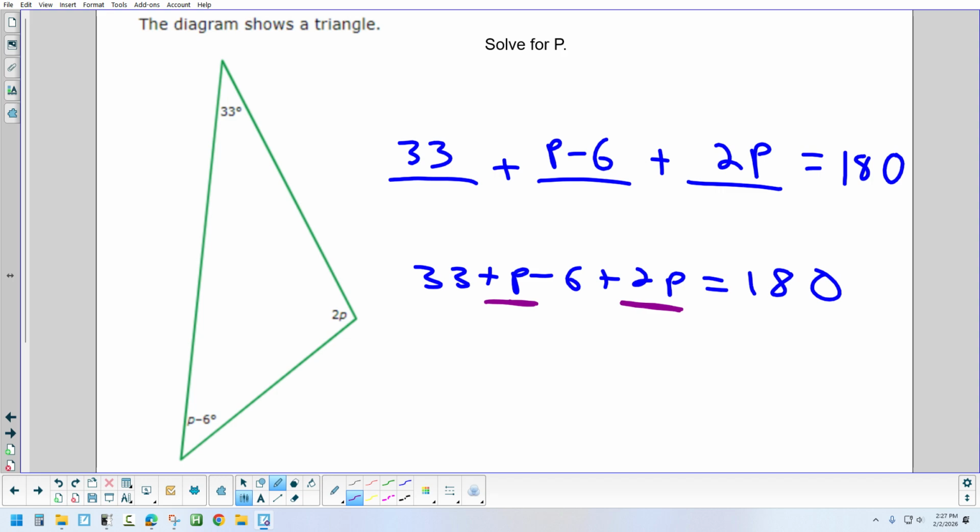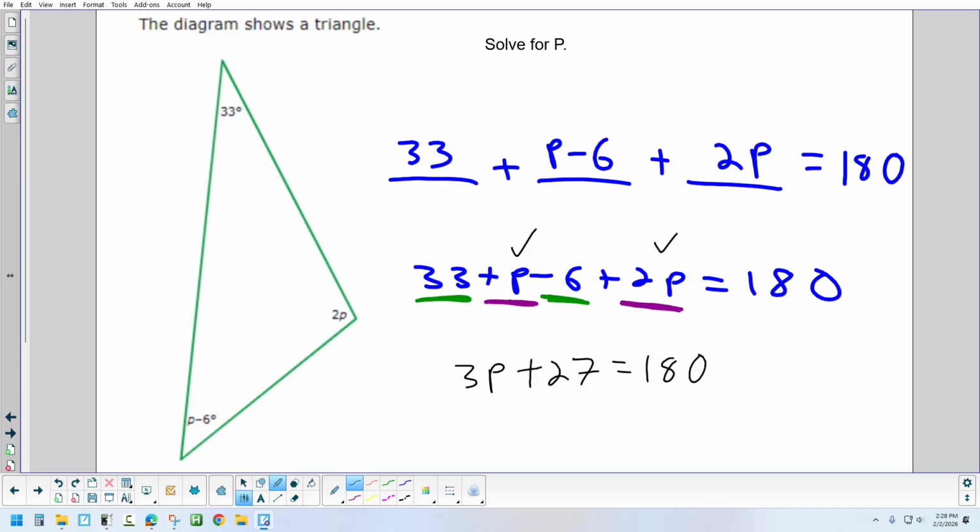What's 1p plus 2p? 3p, so we got that part done. Are there any other like terms I can combine on the left? 33 and the minus 6. What's 33 minus 6? 27. And what's still on the right side? Yep, 180.